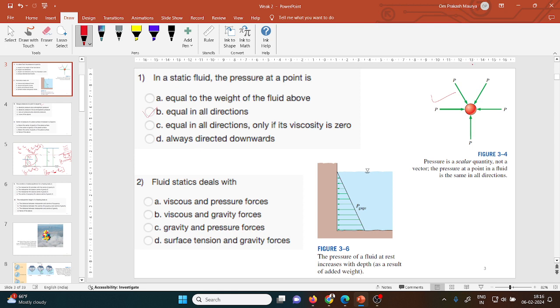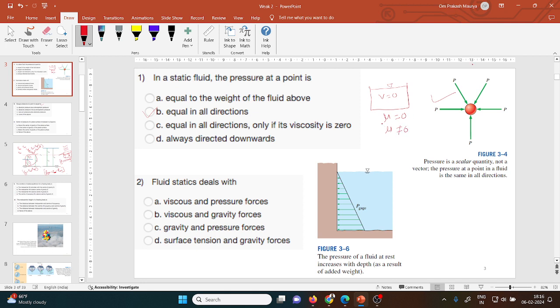Now, here I want to tell something. Let us suppose water is in a bucket and it is not moving, that is, velocity is zero. What about viscosity? Will viscosity be zero or not equal to zero?